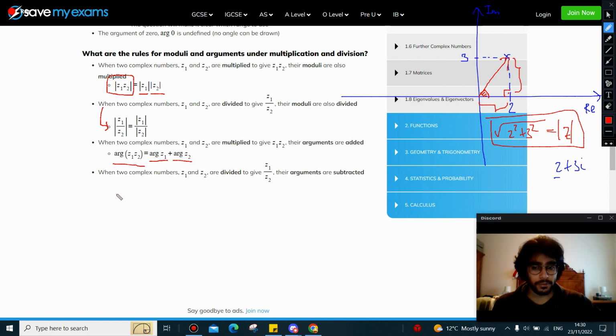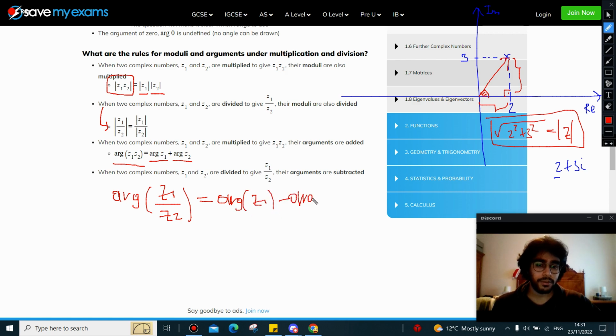If you want to do the same for a division, so let's say you are looking for the argument of z1 divided by z2, then that would be the argument of z1 minus the argument of z2. My handwriting is off right now, but you got the point. So when you multiply two complex numbers, the argument that you're looking for will be the sum of these angles. When you are dividing them, of course, it would be the subtraction, so argument z1 minus argument z2.